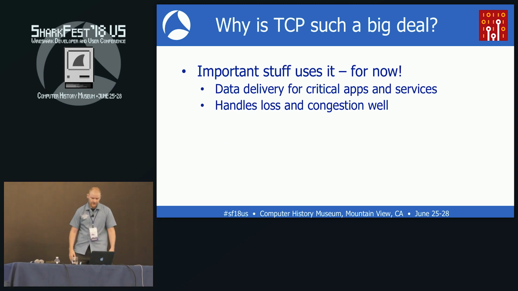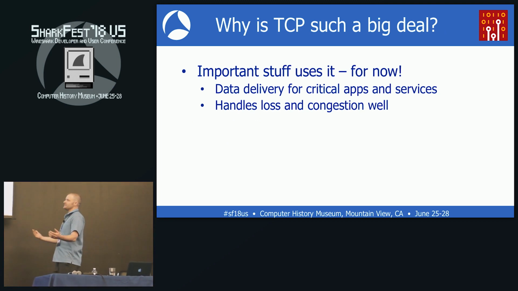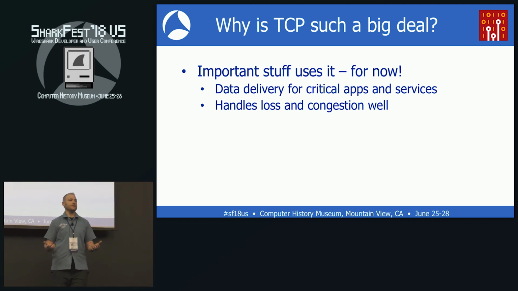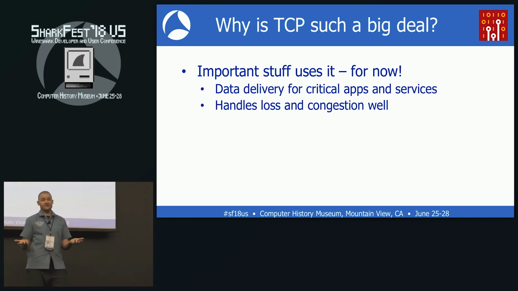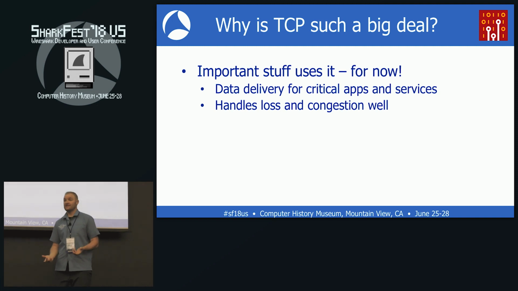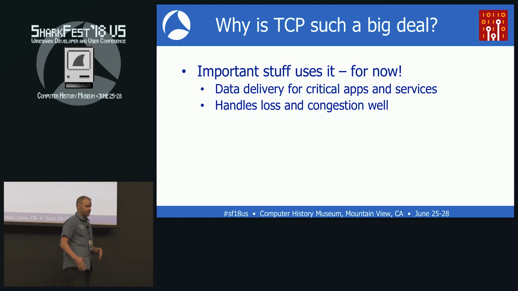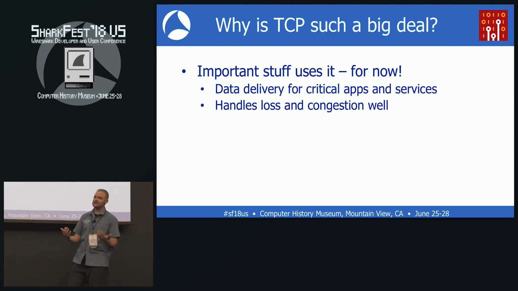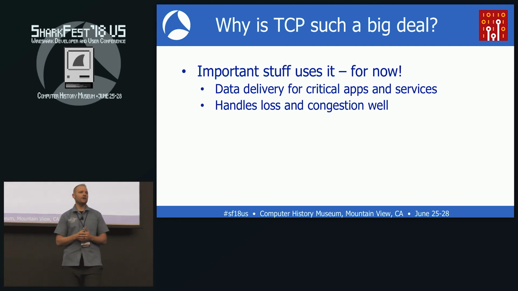All right, so first of all, TCP, why is it a big deal? What's the reason why we're all here? Why are we interested in TCP? Well, important stuff uses it, at least for now. It's reliable, it's connection oriented, it's going to ensure that the data gets over there and we get a positive acknowledgement. Our stuff got there. Also, TCP handles loss and congestion relatively well.